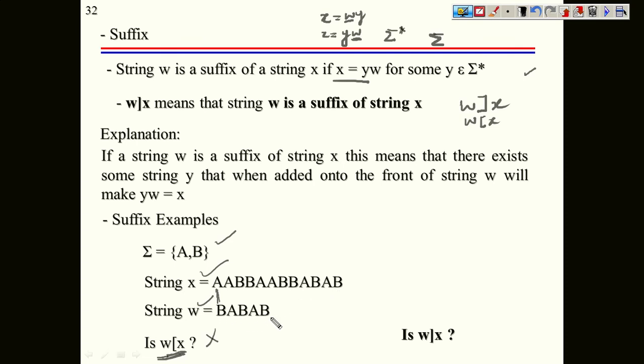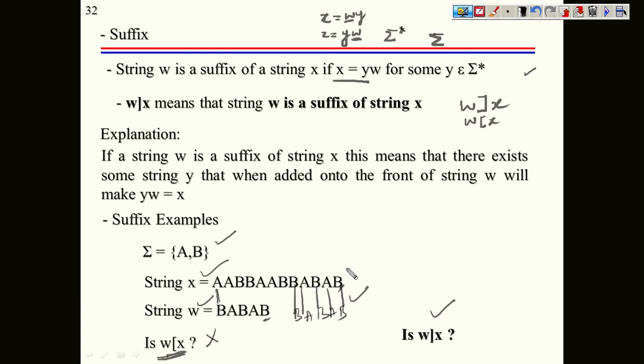The last character of W is matching with the last character of the text. Yes, it is matching. Along with this, the entire pattern, all the W characters, must match the corresponding characters in the text. So let us say this is BABAB, and if you find this is matching, matching, match, match, match, then W is actually a suffix of X but not a prefix of X. Okay.